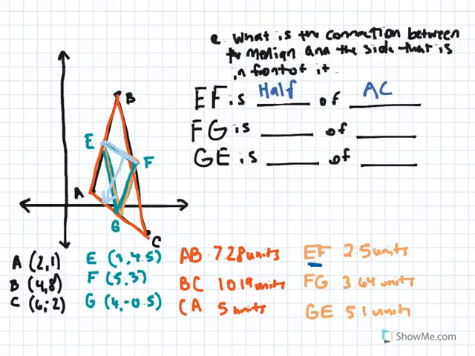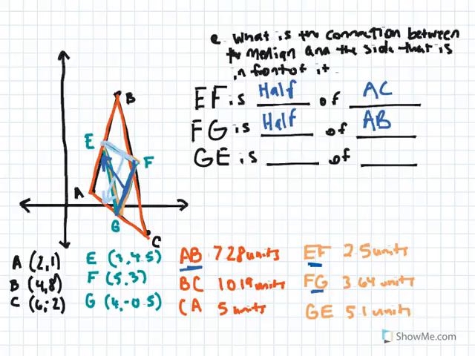Let's go over that with the other sides too. Okay, so median FG right here, and then we're comparing it to the side that's across from it, so AB. FG is 3.64 units, and AB is 7.28 units. Conveniently, if you multiplied 3.64 times 2, you would get 7.28. So FG is half of AB.